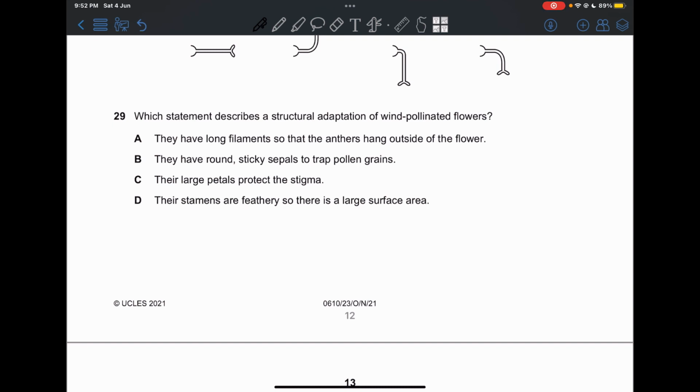Their large petals protect the stigma. Now they don't have large petals. This is actually for the insect pollinated flowers. So D, their stamens are feathery, so there is large surface area. Now this is incorrect because it's actually not the stamens that are feathery. So our answer will be A for this question.